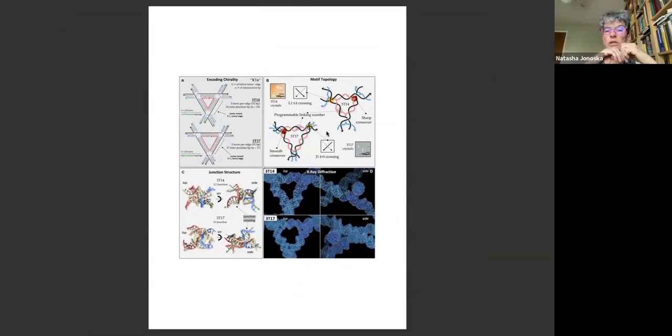The assembly takes a long period, so the molecules are all put together and slowly cooled down to maybe 4 degrees Celsius. It takes about a day, I think, 24 to 36 hours. It's slow cooling for them to assemble, and they're actually pretty good at assembling these structures.